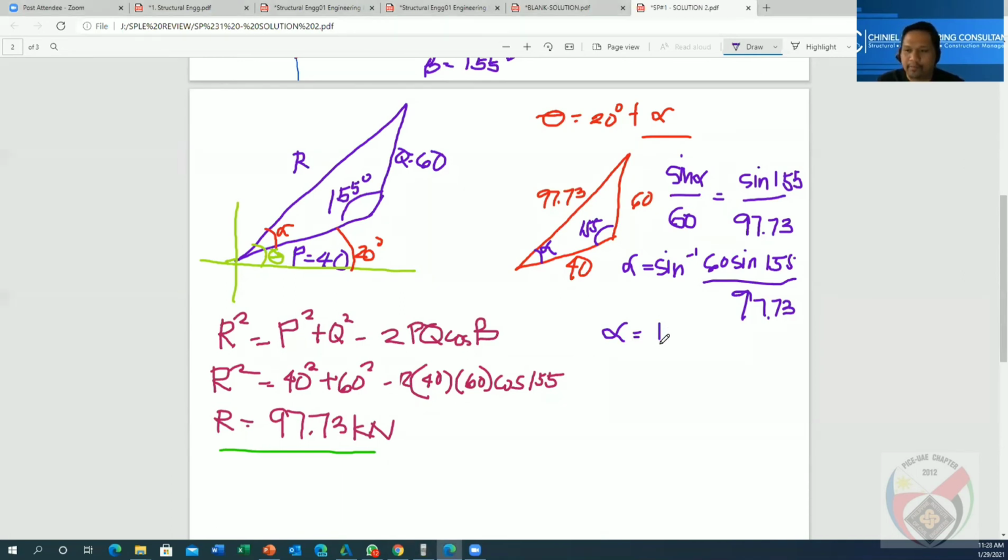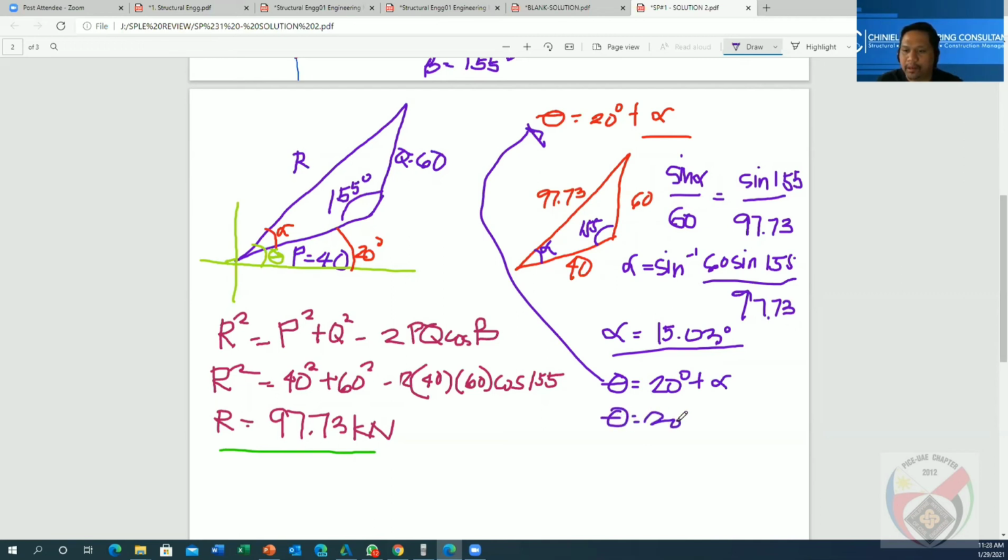So it's correct. So alpha is 15.03 degrees. So theta is 20 degrees plus 15.03. So theta is 35.03 degrees from the horizontal.